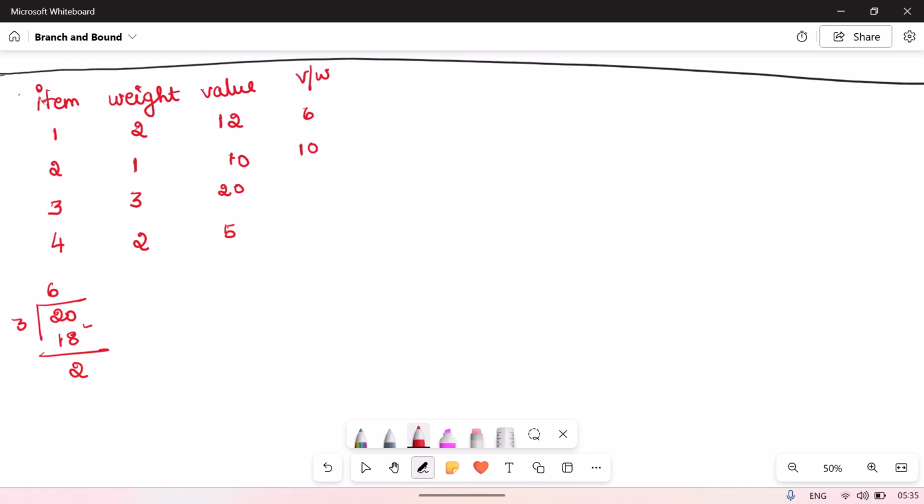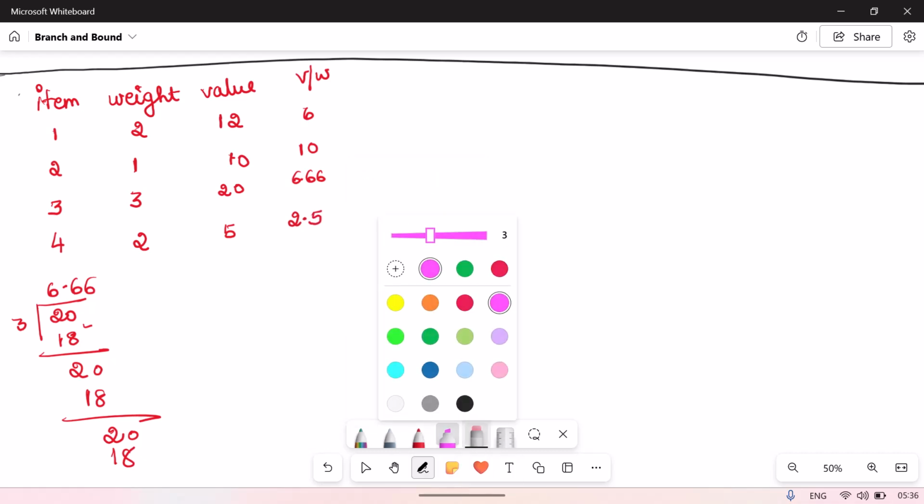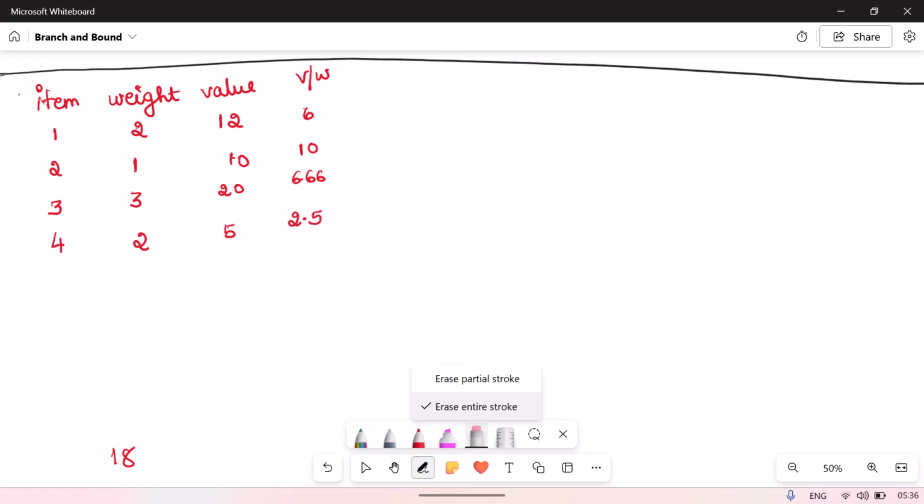Reminder to put the decimal point. So 6, again 18. Okay, so I'll take it as 6.66. And 5 by 2 is 2.5. Okay, this is the data we have. Now let us start the calculation.